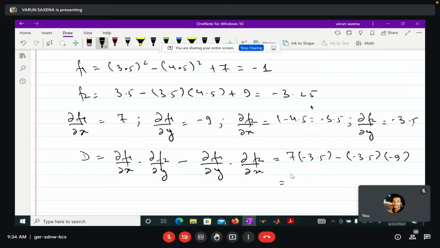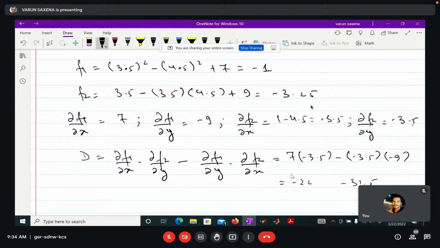This I don't have. So can anybody tell me what this value would be? Wait, so this is 3.5 into 9, 31.5 minus 31.5, and then 3.5 into 7, this is 24.5.